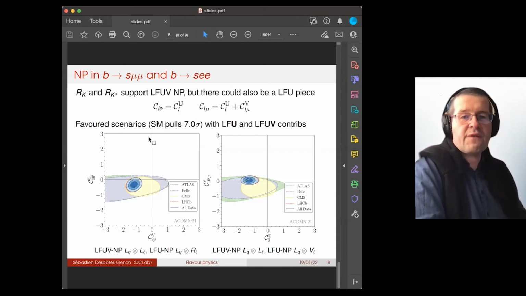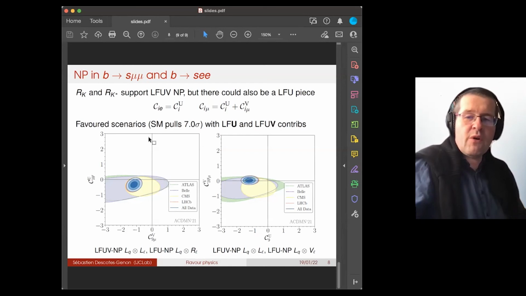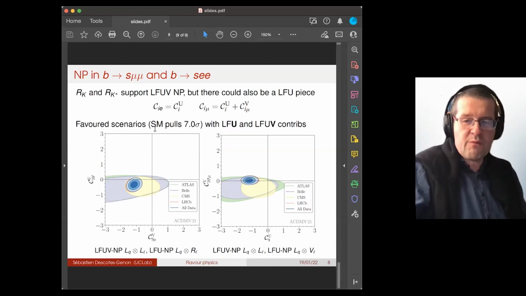So these are two scenarios that are among the ones that can be interesting for new physics with a universal and a non-universal component. Actually, I realize now that I don't show the ones that are the most interesting, but that's not really a problem. In general, you can explain the data better by adding a small piece that is universal, that is affecting both B2S mu mu and B2S EE, but not so much.